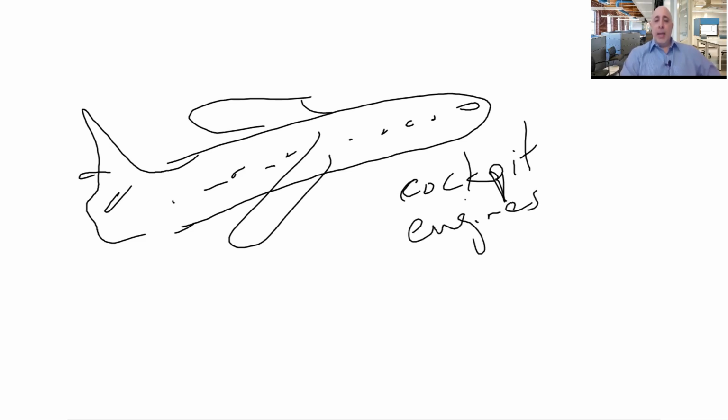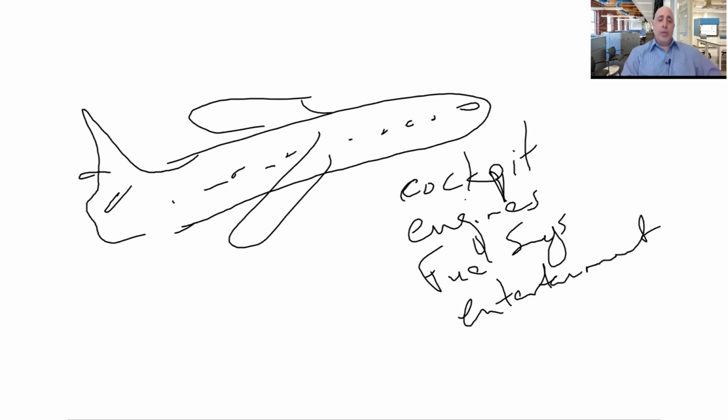And then you could look at the fuel system, and then the entertainment system, and then the cargo area or storage. You could look at the outer shell, and then you can look at design.